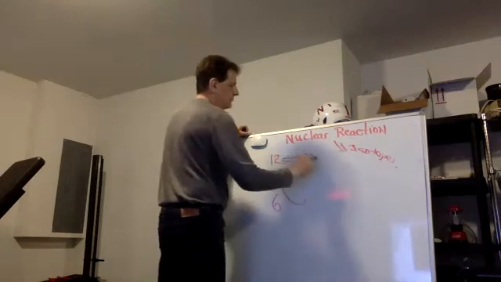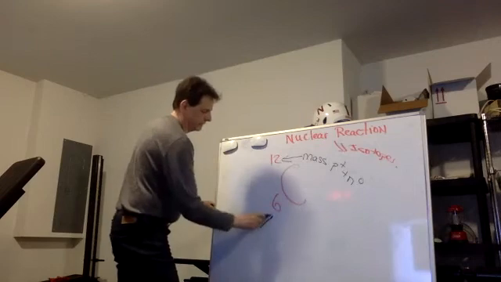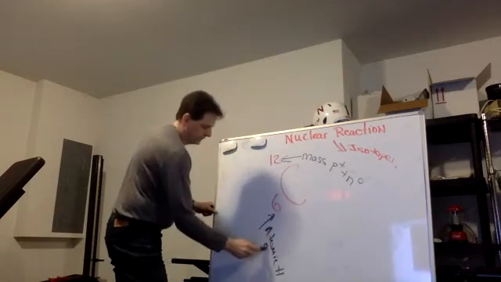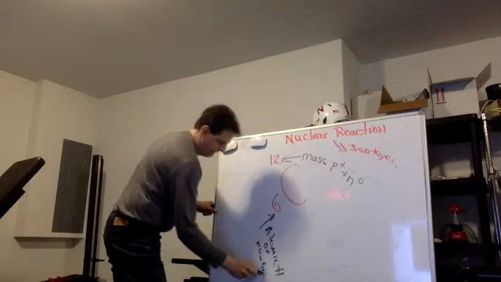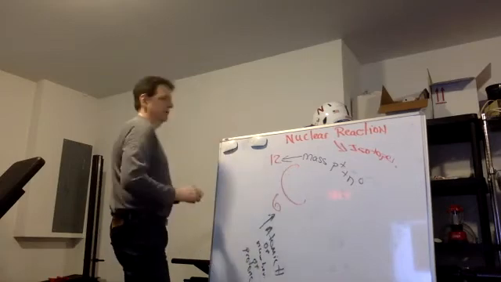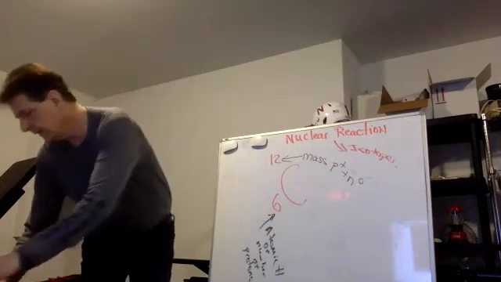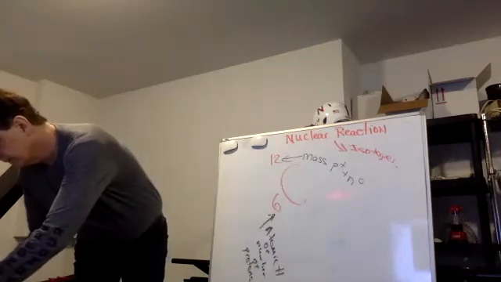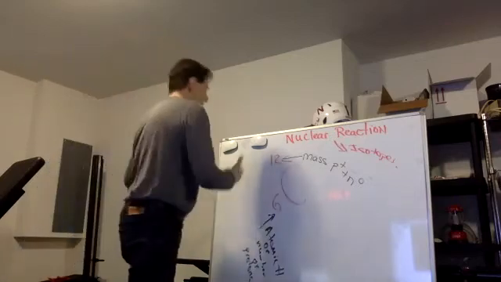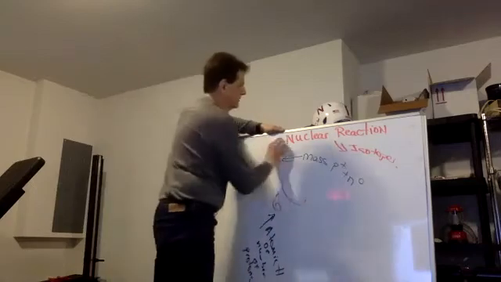Here, your mass is protons plus neutrons, and your bottom number, which was your atomic number, okay, or the number of protons. And I sent you the file on the instructions so you can follow along in what I'm doing here.